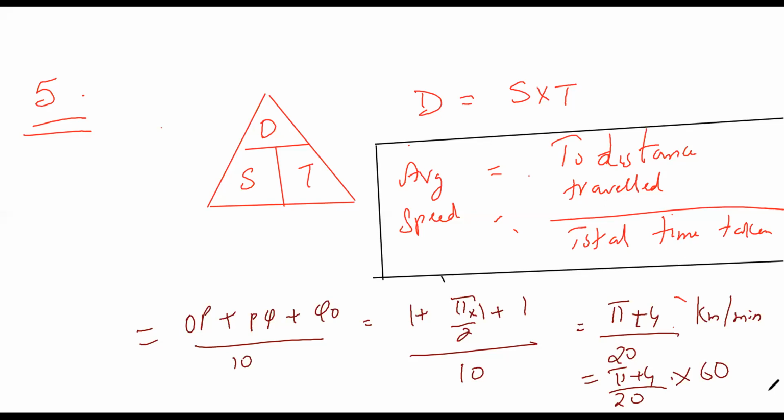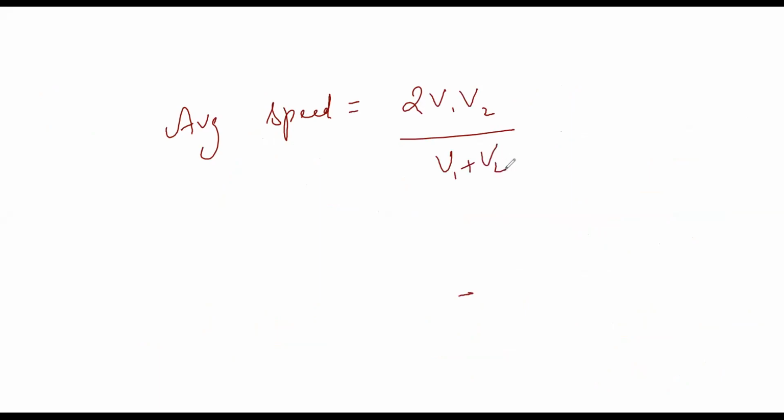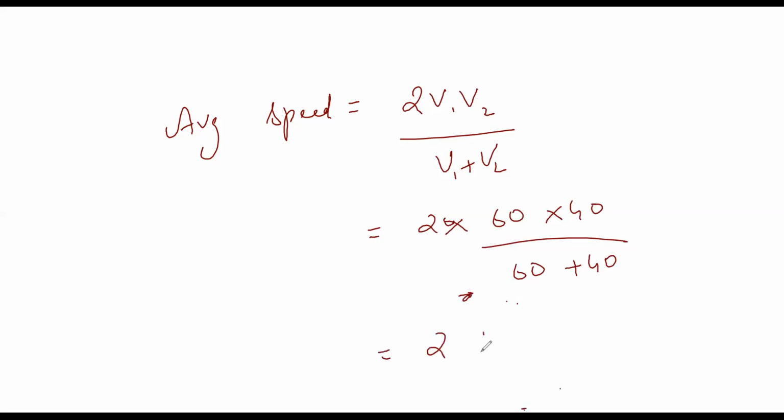So guys, the answer for this is the average speed formula. 2 V1 V2 by V1 plus V2. So 2 into 60 into 40 by 60 plus 40. So 2 into 60 into 40 by 100.